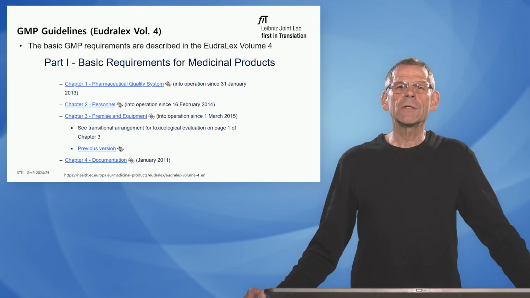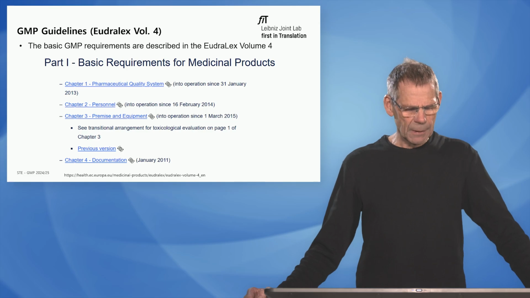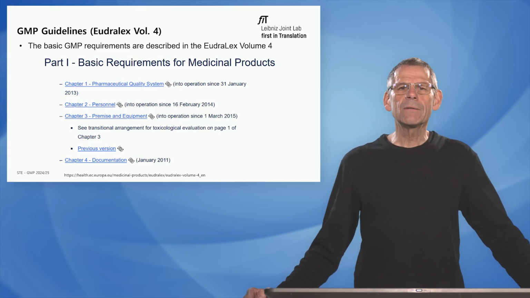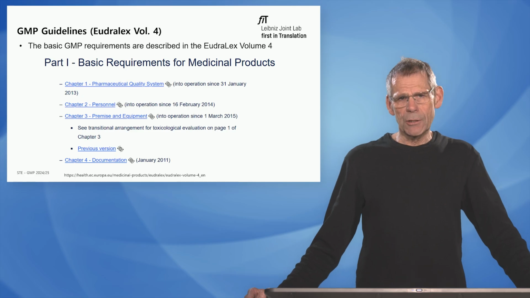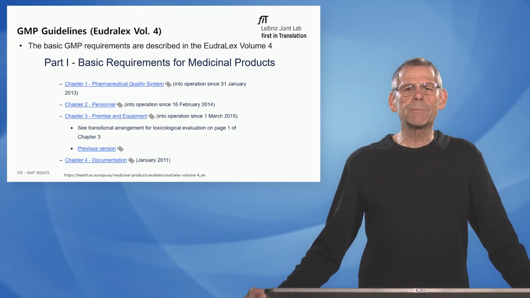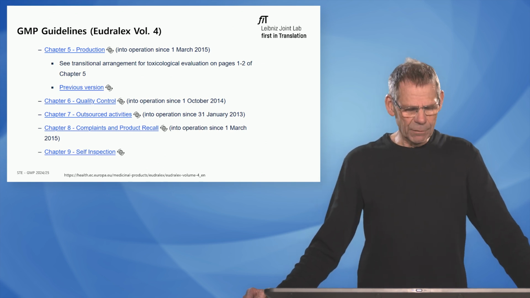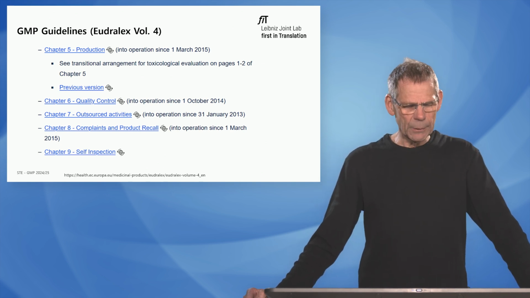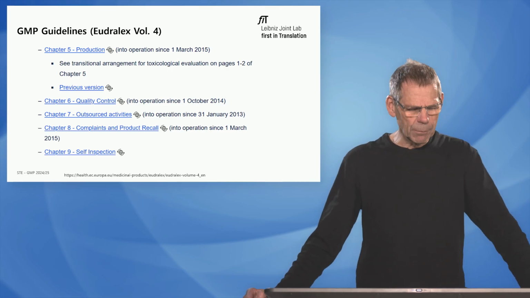The pharmaceutical quality management system. It's about the personnel, the staff. It's about the premises and the equipment. It's about the documentation of what we produce and what we have to produce. It's about the production itself, how we monitor it, how we evaluate it, that it is reproducible.